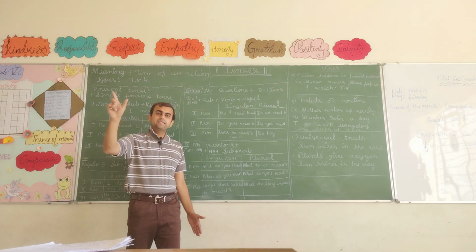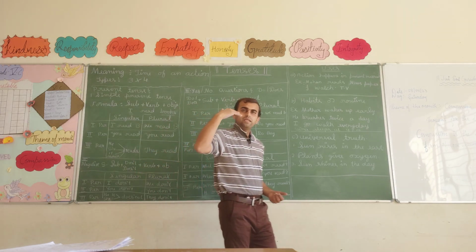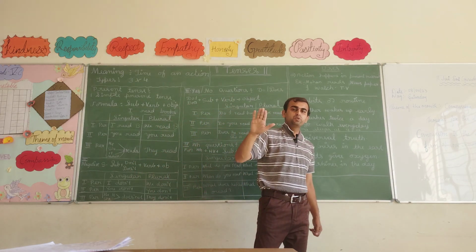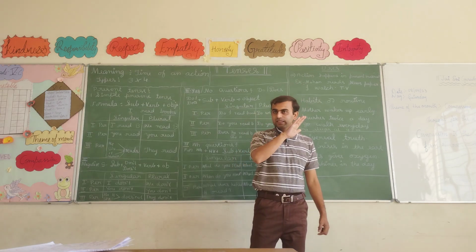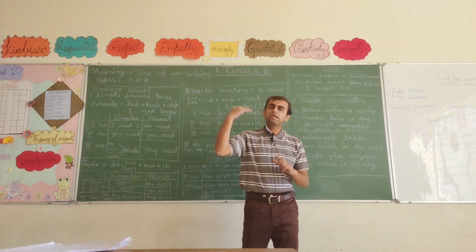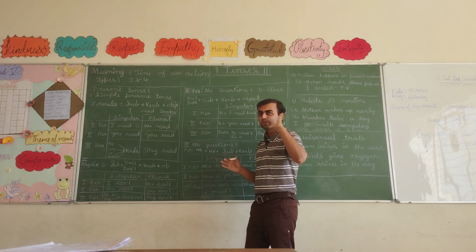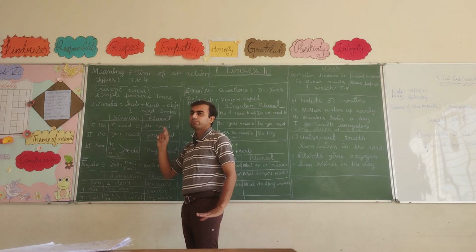Now, present tense is also subdivided into four types, and so are past tense as well as future tense. Each type of tense is subdivided into four parts. In this session, we are especially going to deal with simple present tense.